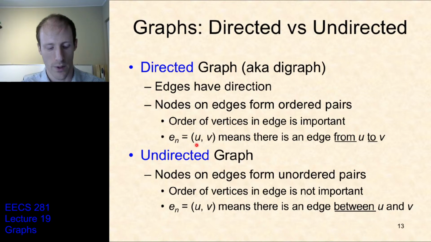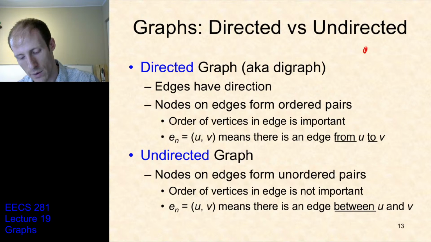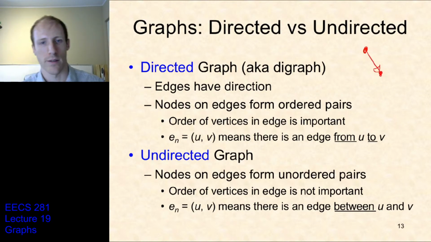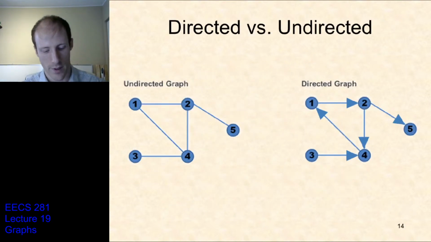And so the order of the vertices means something. It means that the edge starts at node U and goes from U to V. We can also call a directed graph a digraph for short, and we're typically going to represent it with arrows to show the direction of edges. So here we have an undirected graph and a directed graph.